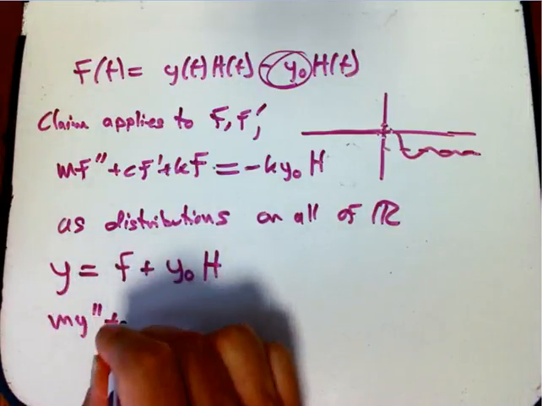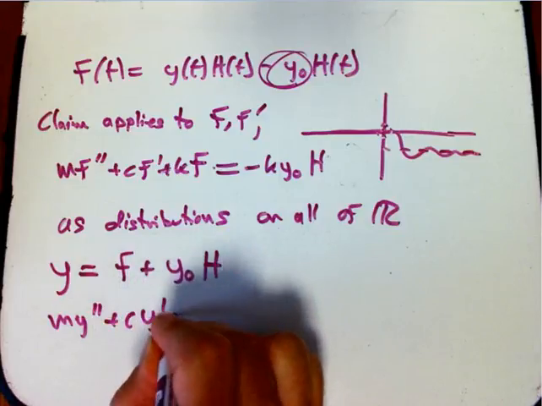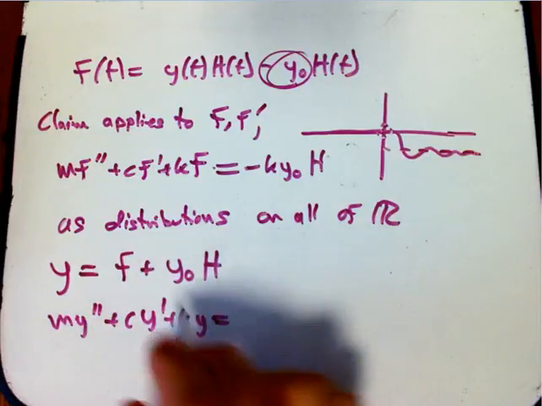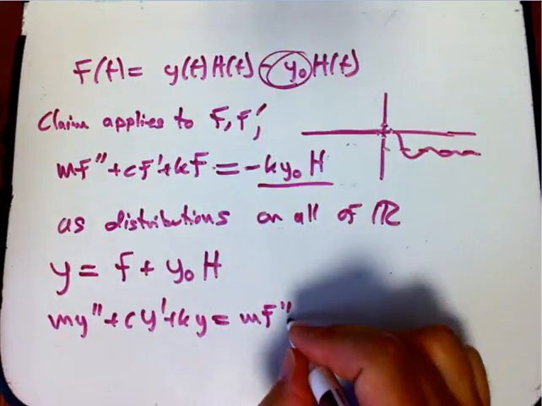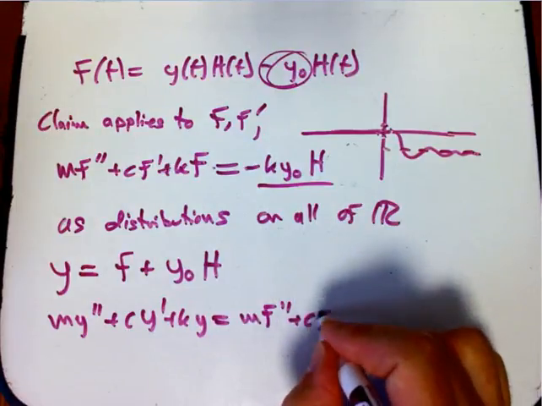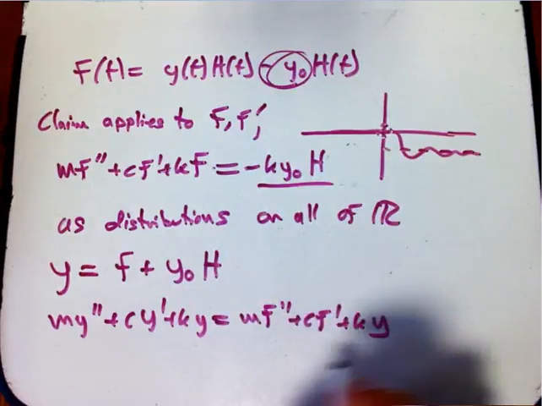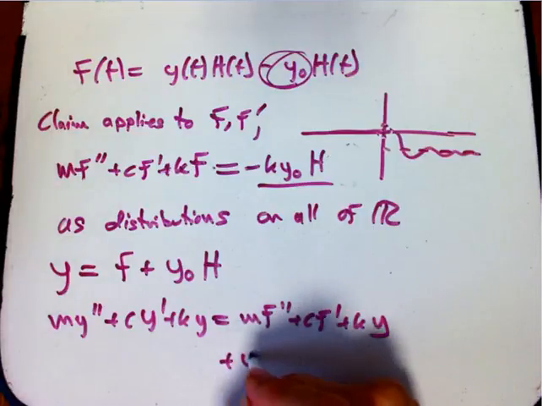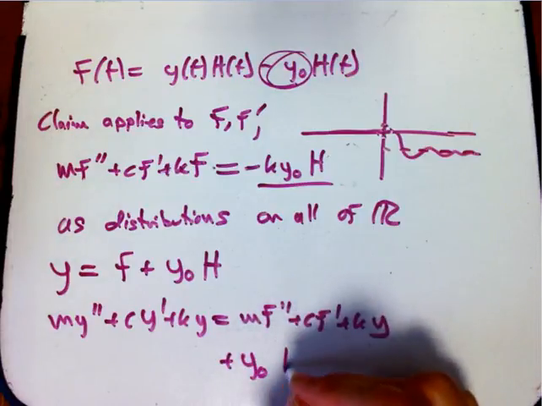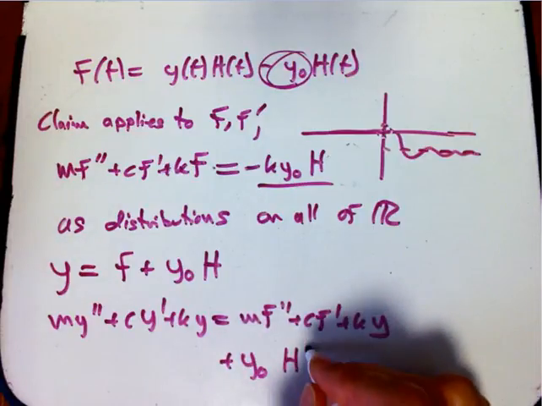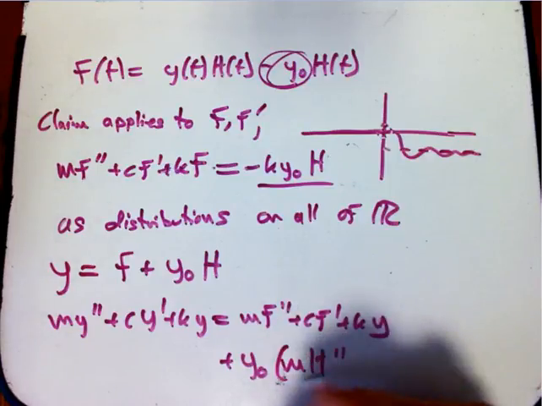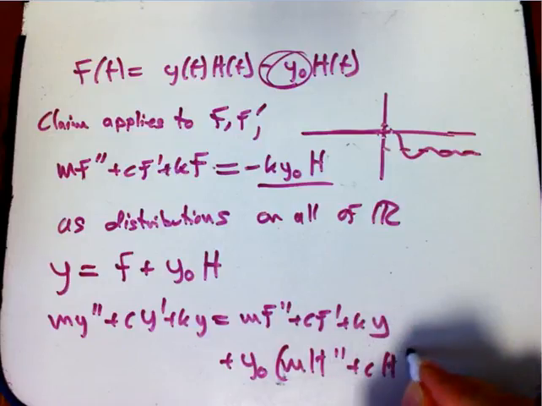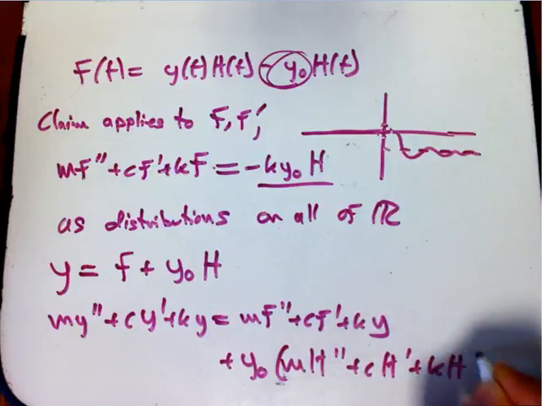And then we just plug everything in. Okay, so m y double prime plus c y prime plus k y. That's going to be that stuff applied to f, which we now know what happens as a distribution. That's going to be easy. Plus y naught times the same operations, m h double prime plus c h prime plus k h.